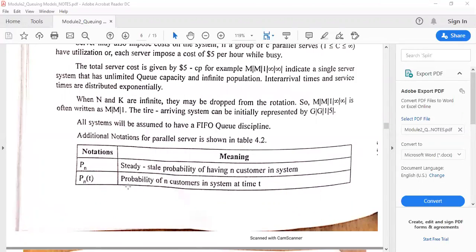So we have different notations for parallel servers, right? So Pn is nothing but the steady state probability of having n customers in a system, and Pn of t is nothing but the probability of n customers in the system at time t.